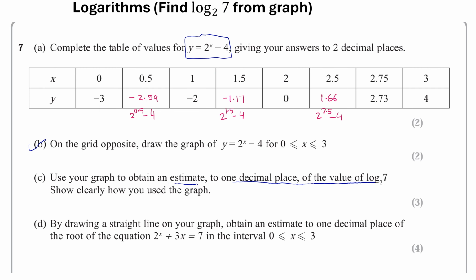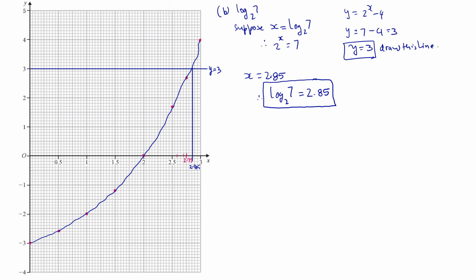Next, by drawing a straight line on your graph, we need to estimate the root of the equation 2 to the power x plus 3x equals 7. So for part C, once again we have to relate this to the given equation, y equals 2 to the power x minus 4.